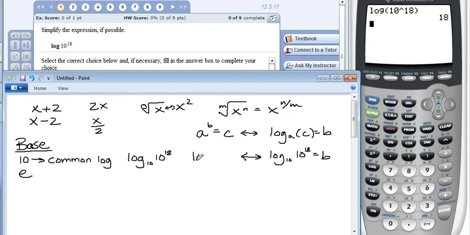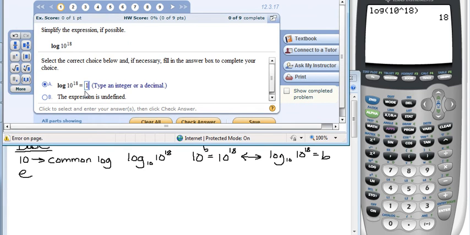So I've got 10 raised to the b power is equal to c, which is 10 to the 18th power. C is this piece, a is that piece, and b is b. Well, 10 to what power is equal to 10 to the 18th power? Well, b has to be 18. That's where I got this from. That's what the calculator's doing.